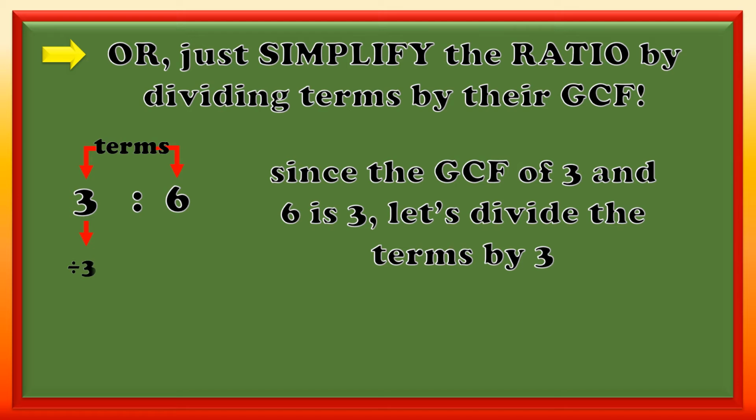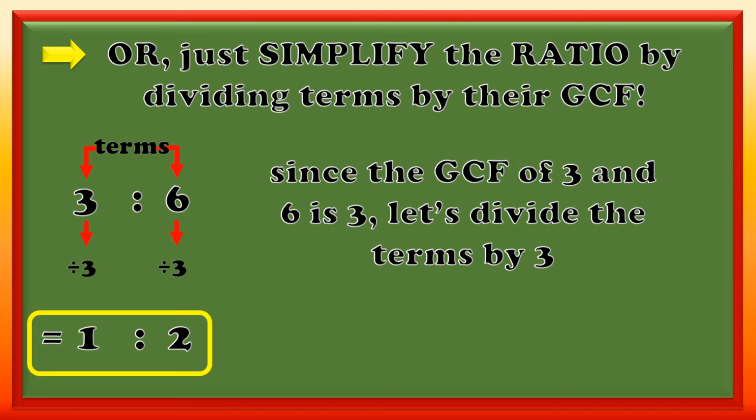So let's divide 3 by 3 and 6 by 3. So we'll get 1:2. So 3 divided by 3 is 1. 6 divided by 3 is 2. So our simplest form is 1:2. Did you get that? Okay, very good.